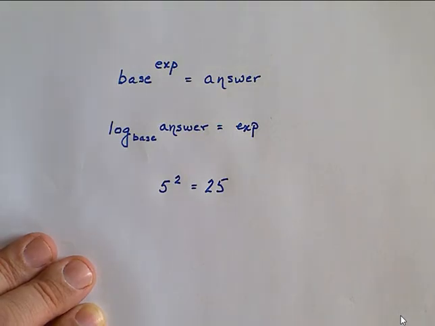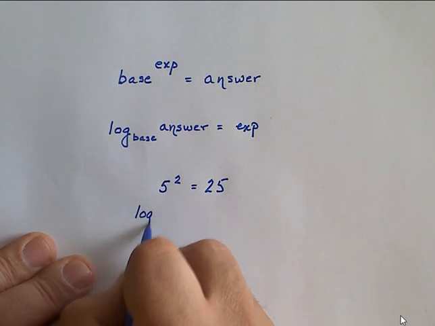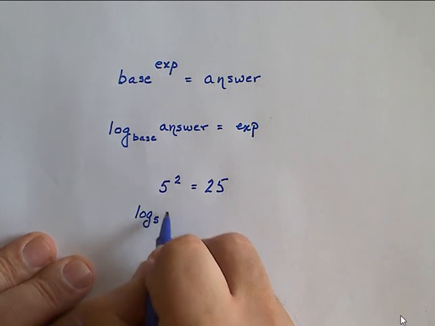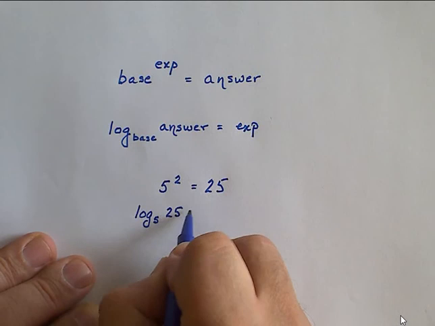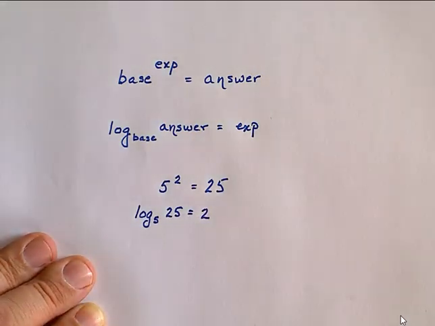Now what I can do is write its inverse form, logarithmic, by taking log base 5 of 25 equals 2. And that's it. That's all there is to do.